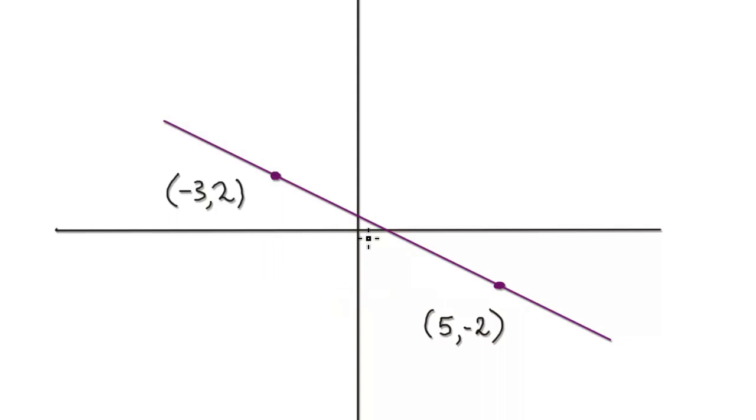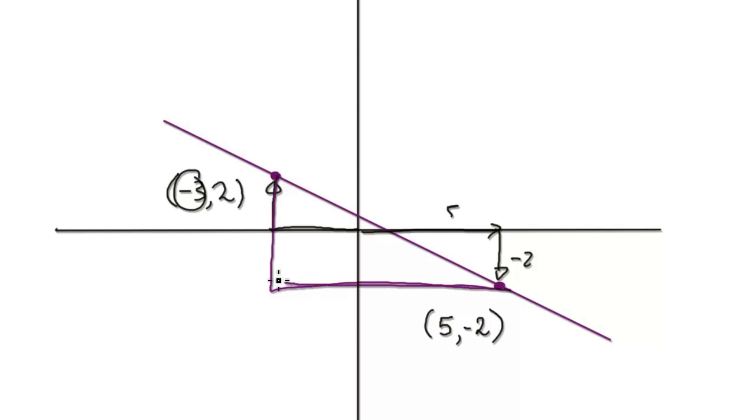Okay, so to do this, if you look at this point, you've moved -3 back and then 2 up, and then this point here you've moved 5 across and then -2 down. But you're interested in this height here. Here you've moved 2 up because of this 2, and here you've moved 2 down.